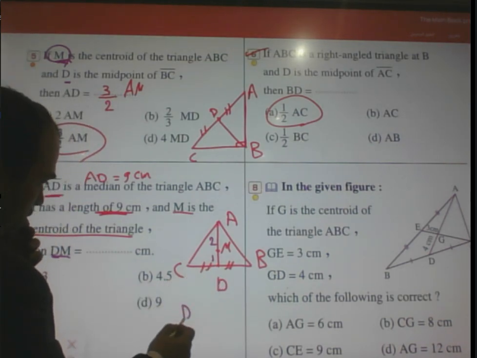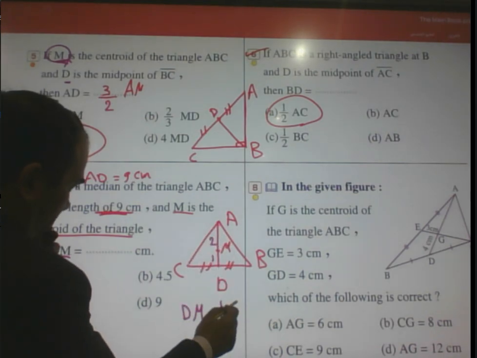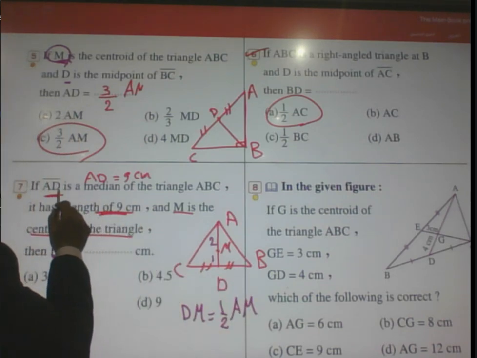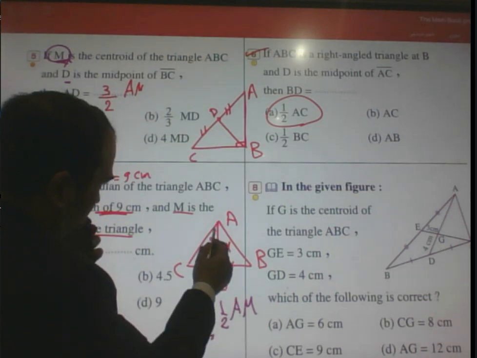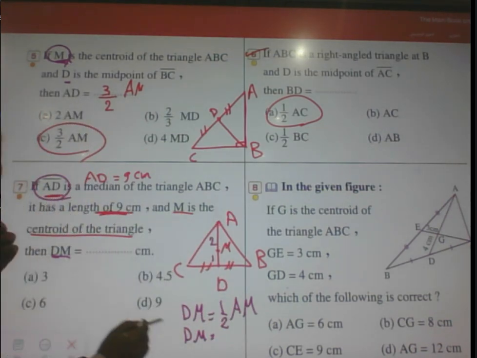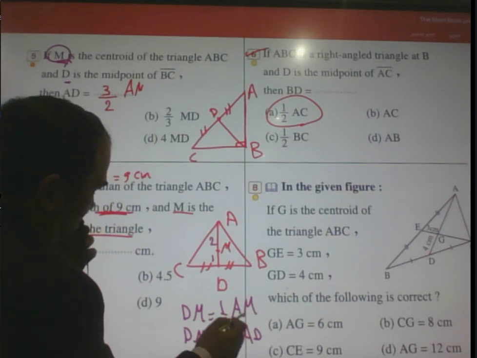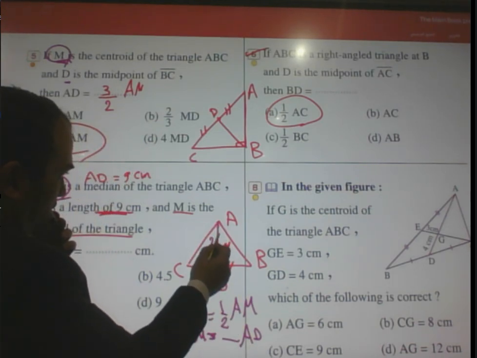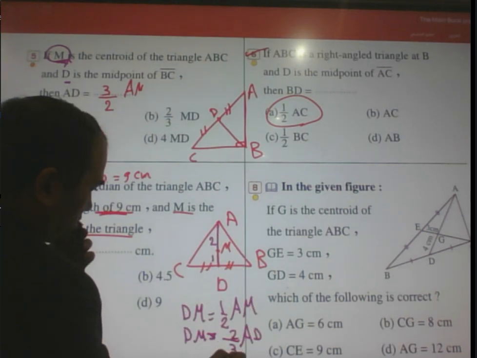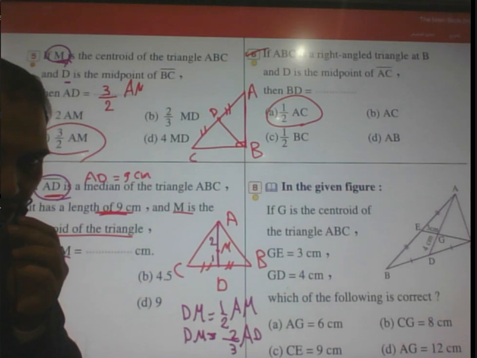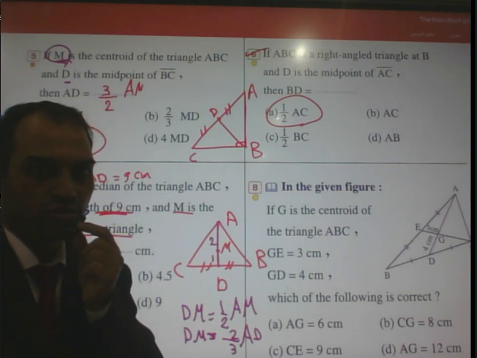We know DM equals half of AM. He gives me AD, and the ratio between AM and AD, AM is 2 parts and AD from A to D is 2 plus 1, 3 parts. Then the result will be 2 over 3. 2/3 of AD. What is the length of AD? 9, so 9 times 2 over 3.